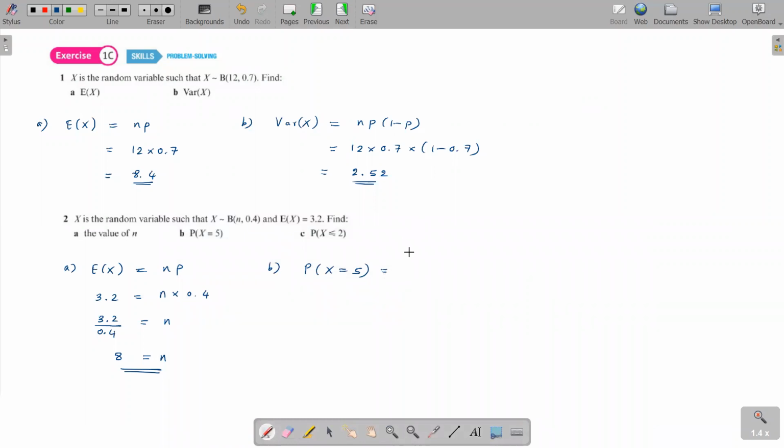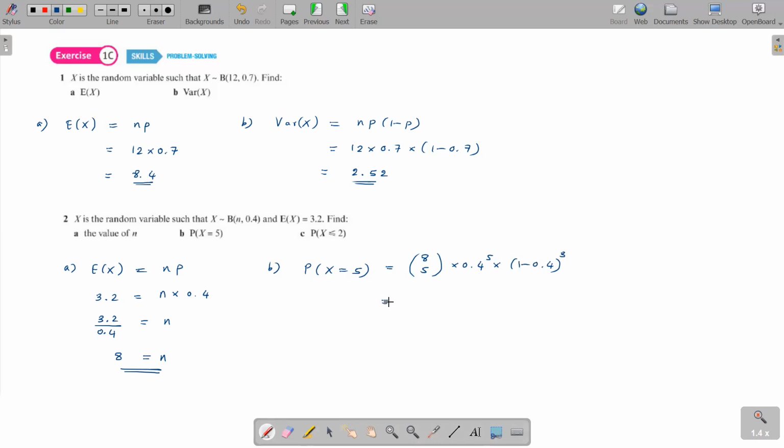Probability is nCx, in this case n is 8, so 8C5, p to the power x. So p is 0.4 to the power 5, into (1 minus 0.4) to the power n minus x, 8 minus 5, that's 3.